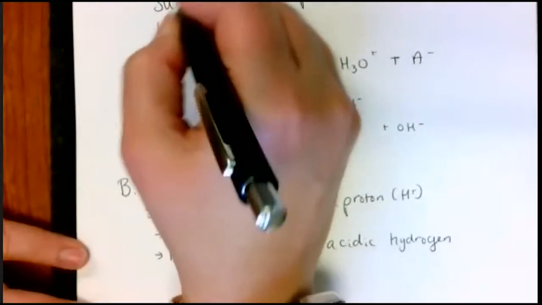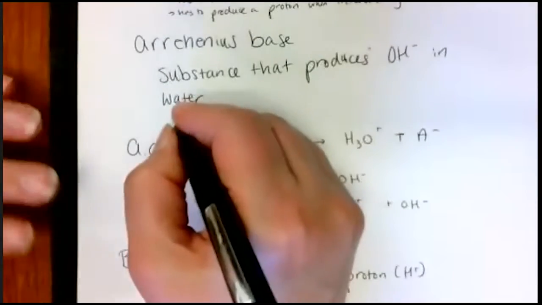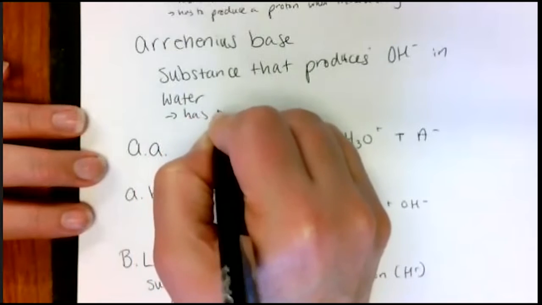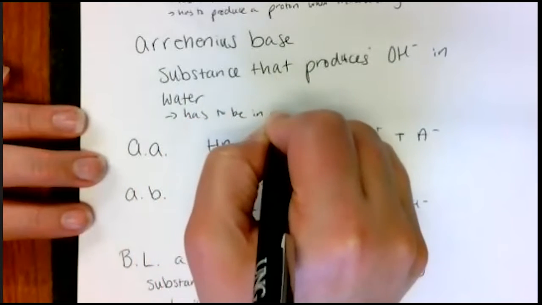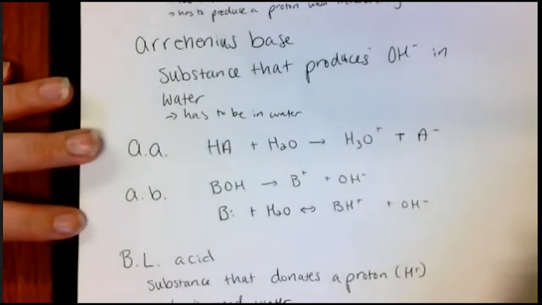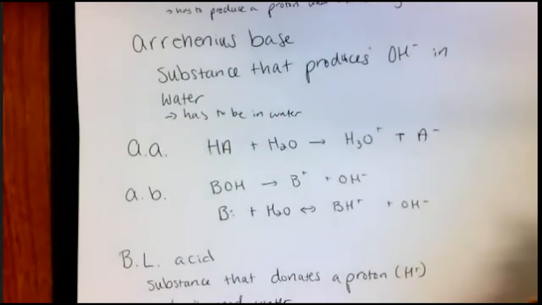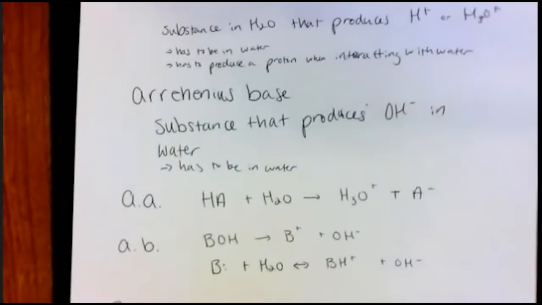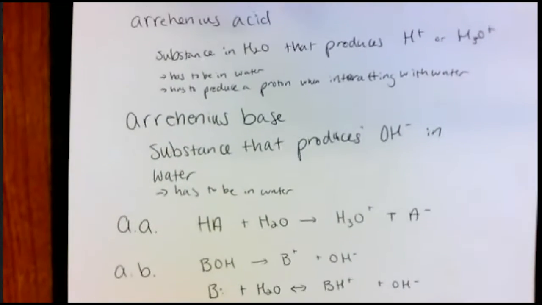By the way, I forgot to mention this earlier. An Arrhenius base has to be in water. Most bases are going to be able to be described by Arrhenius as long as they're in water, but the acids are a little bit more restrictive for your Arrhenius.